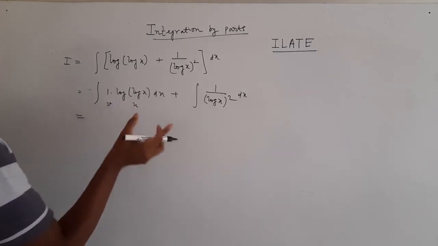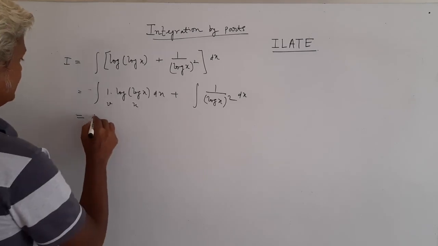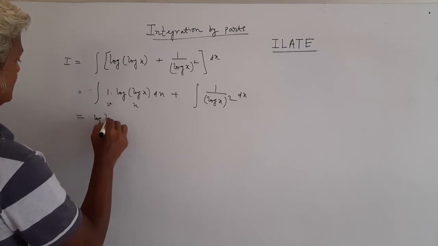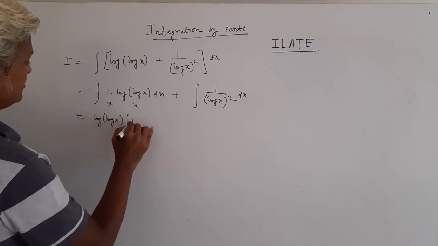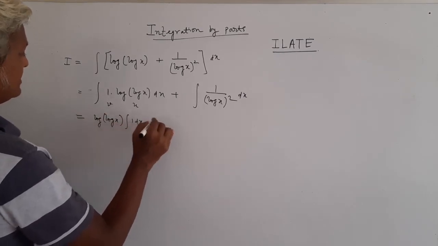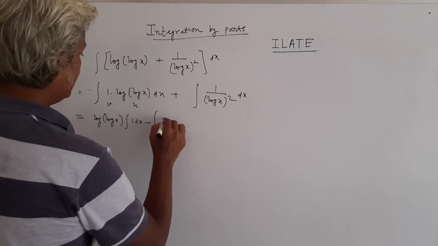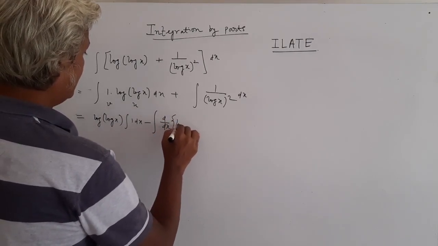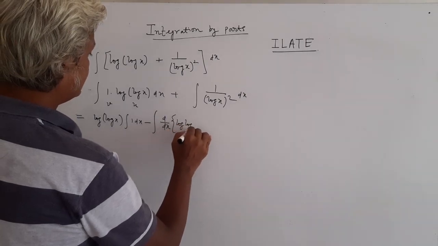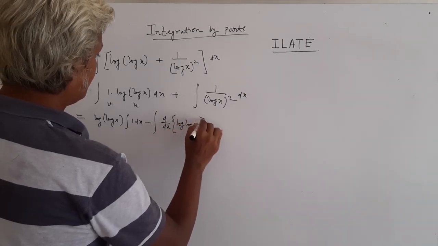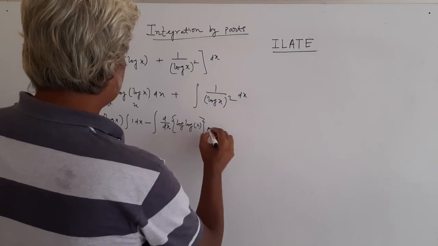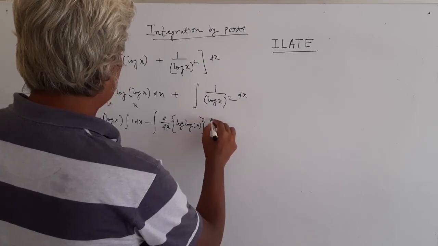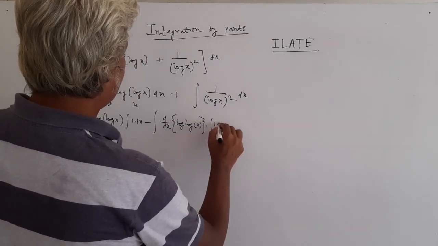So in this case we always keep u unchanged, so I write log x times the integration of 1 dx, minus the integration of the differentiation of u, that is log x, into the integration of 1 dx.